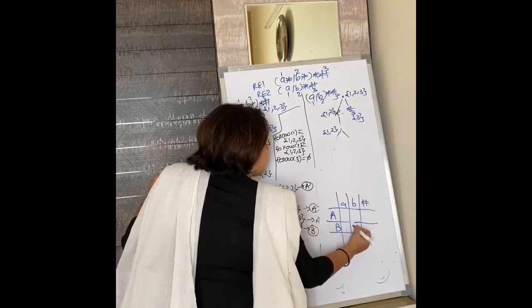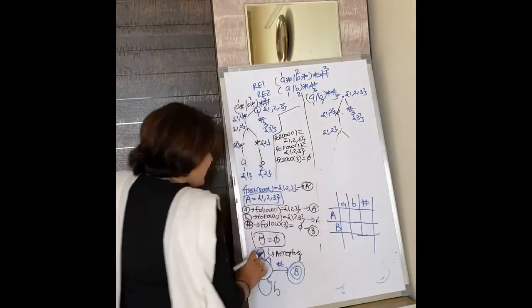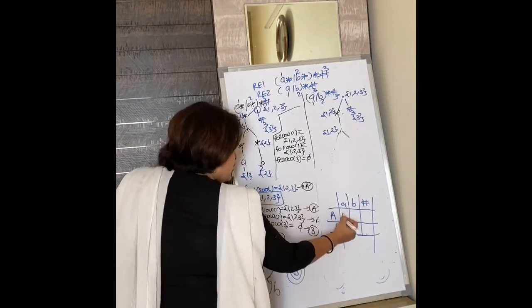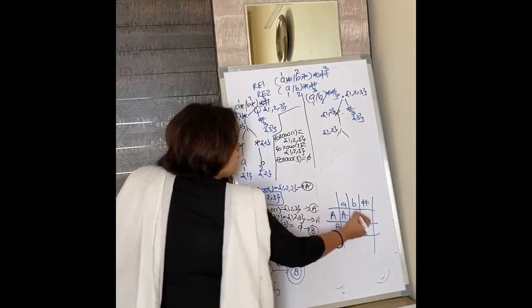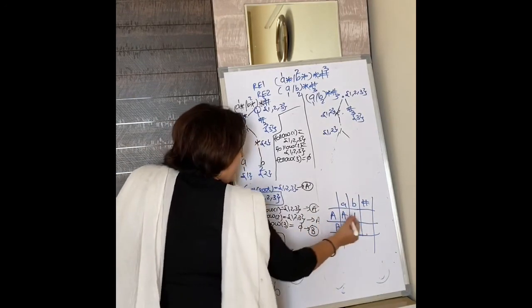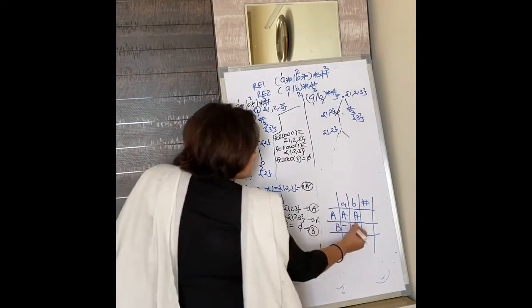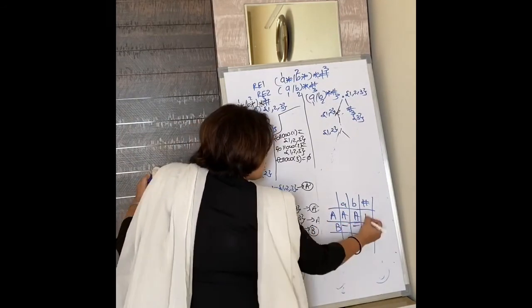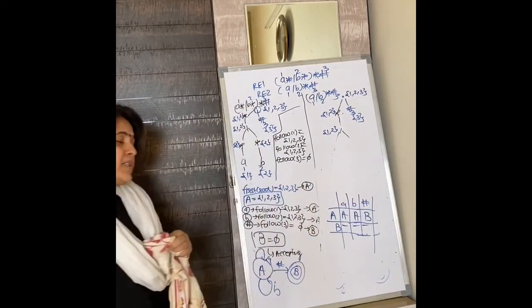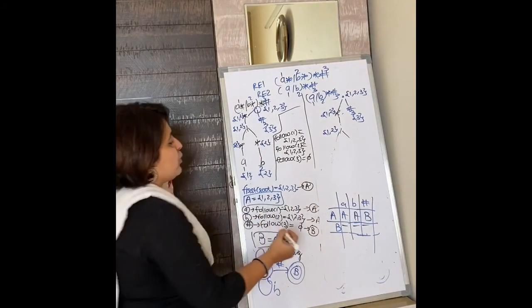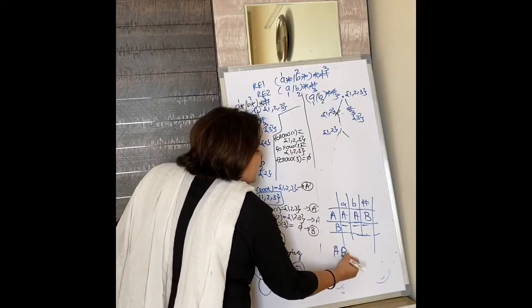Okay, fine. So from A, for small a, I am going to A itself. For small b also I am going to A itself. Okay. From B, I am going to nowhere. And for hash, I am going to B. Okay. So this is your state table. Now total number of sets you have are A and B in one group.